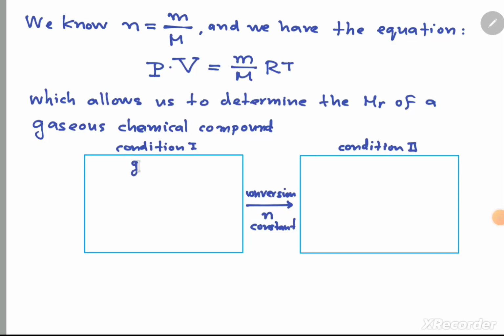We have a gas A, with number of moles n, pressure, volume, and temperature. And we convert condition 1 to condition 2. We have the same gas A, the same number of moles, a new pressure, a new volume, and a new temperature.